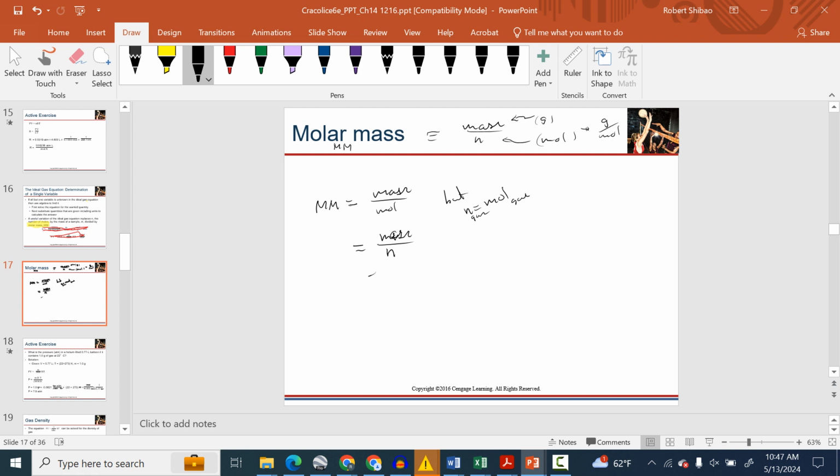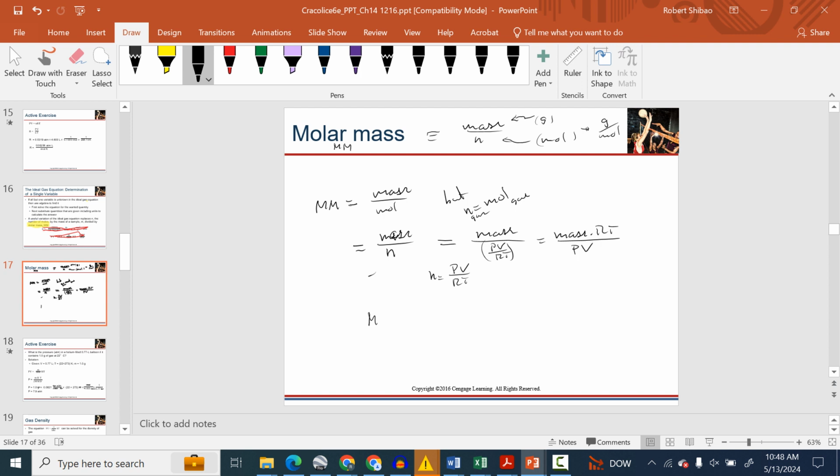So if we know the mass and we know the number of moles, then we could stop here. But if we don't know the number of moles, then we know n is equal to PV over RT. I just rearrange: PV equals nRT, divide both sides by RT, and I get this. So this is going to equal mass over PV over RT. Then I flip this over and get the mass times RT divided by PV.